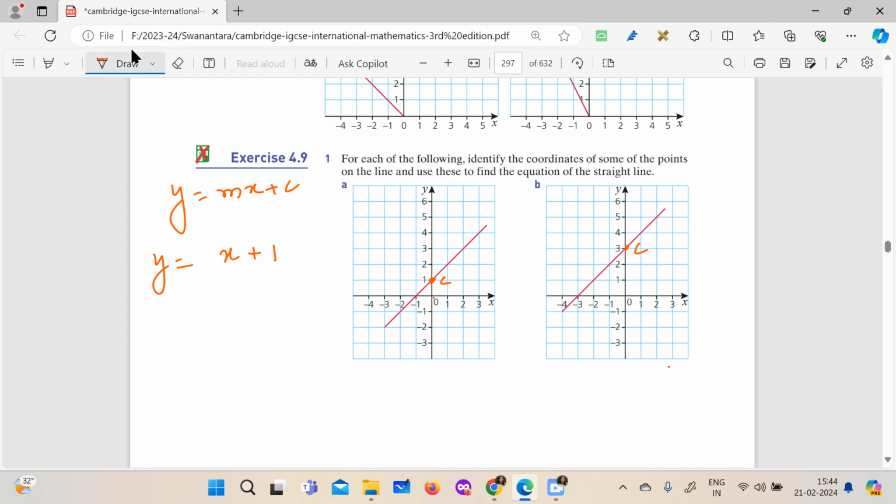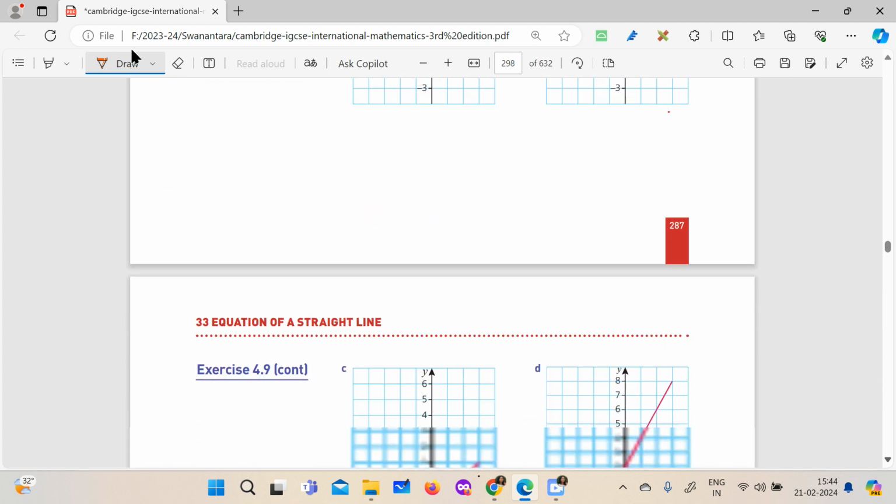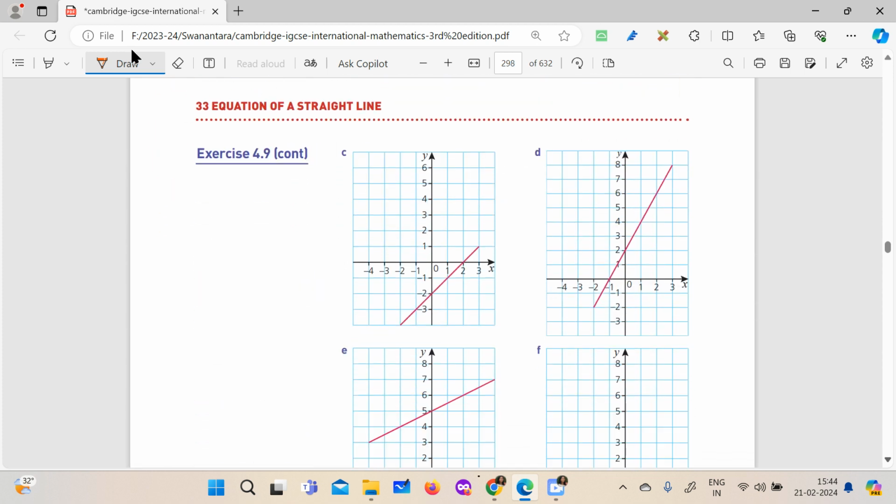Now, if you look at this one, when x is 0, y is 3. So I will say your equation of this line is y is equal to x plus 3. Did you get it? Yes, miss. These are the simple ones. Now, when we look at this, the same thing is there, just there is a difference in the value of c.